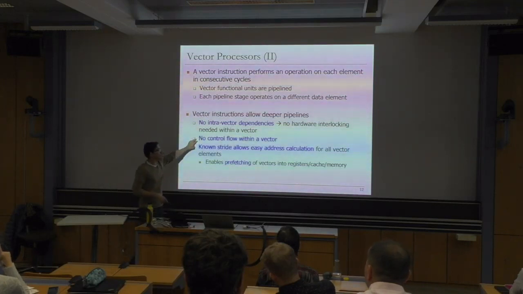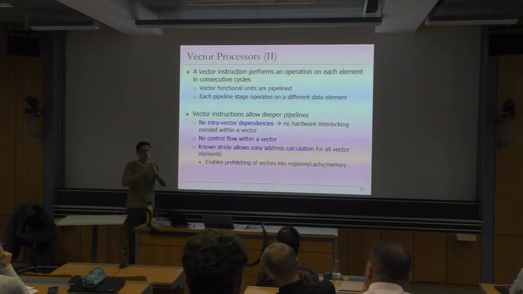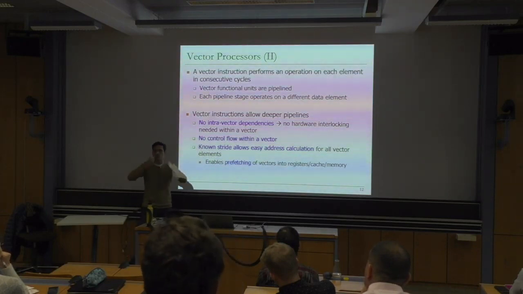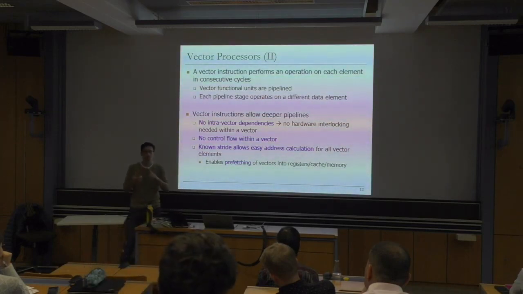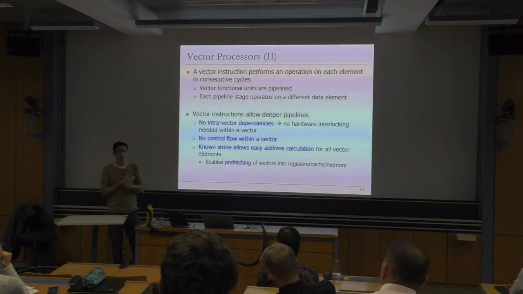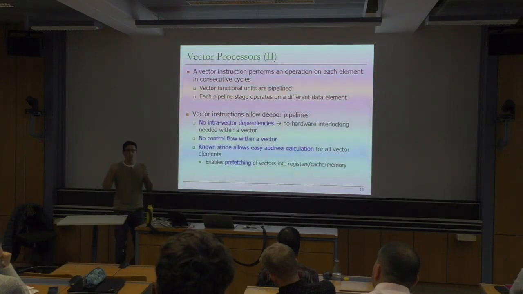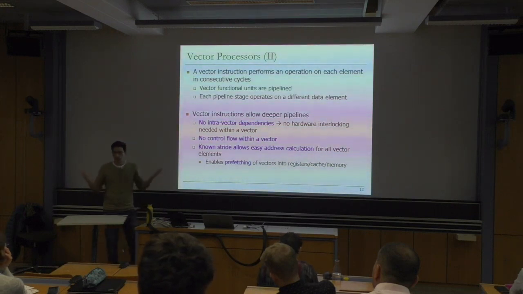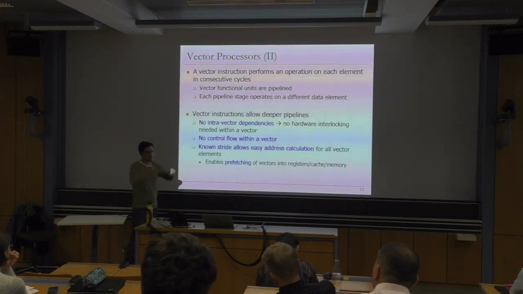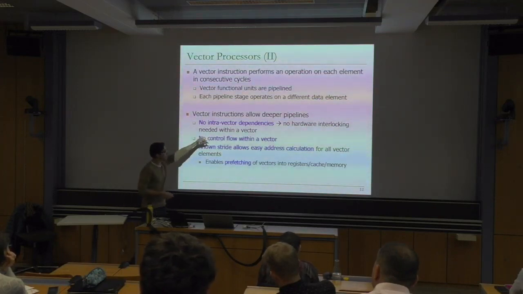And there is also no control flow within a vector. In a conventional pipeline you execute load instructions, add instructions, multiply instructions, but you also execute branches, because you want to have control flow in your program. The problem with these branches is that sometimes you need to wait a few cycles until the branches are resolved. This doesn't happen in a pipelined processing element if we execute vector instructions.